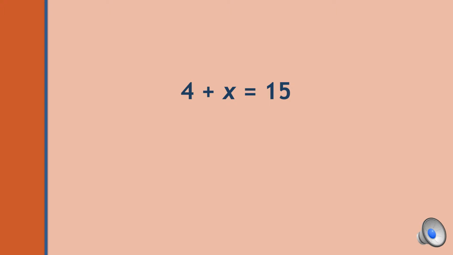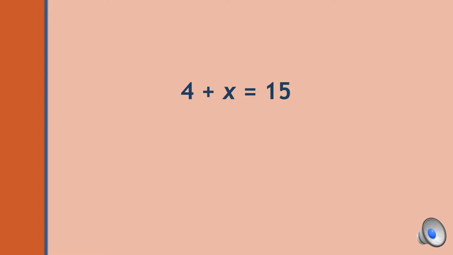So here is this algebraic equation that says 4 plus x equals 15. Our goal is to solve for x. We want to know what x equals. In order to do that, we're going to follow a process. What I want you to think about is that an equation is like a balanced scale.